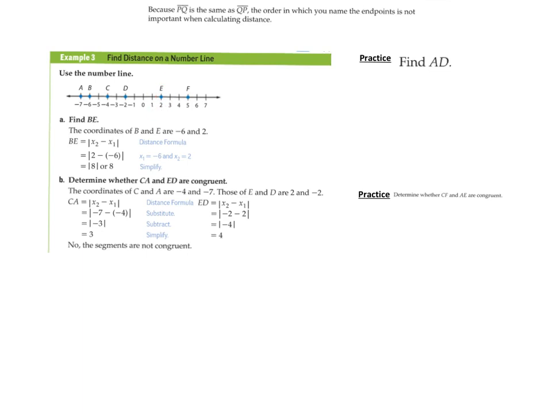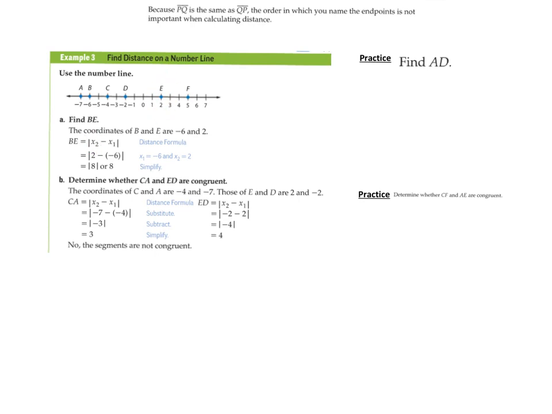Well, first things first, we have our distance formula of the absolute value of x2 minus x1. Well, the x2 in this case refers to the second value, and x1 refers to the other value. With how the writer set this up, x2 is equal to 2, x1 is equal to -6, because we're going from B, which is -6, to E, which is at 2.